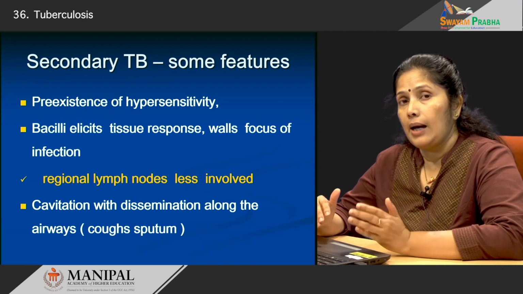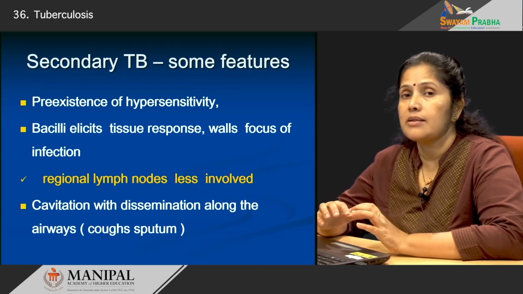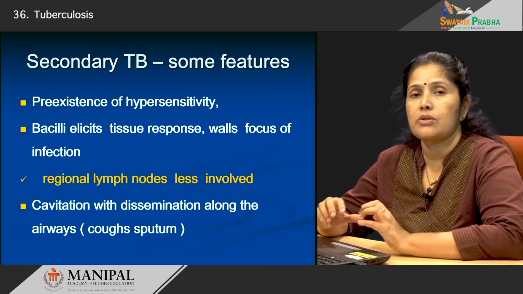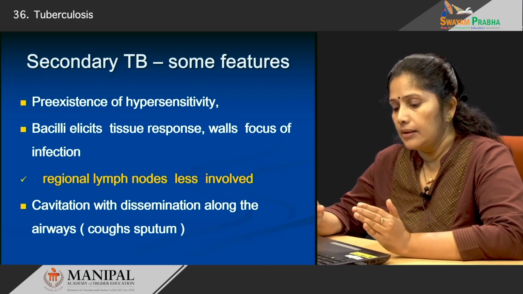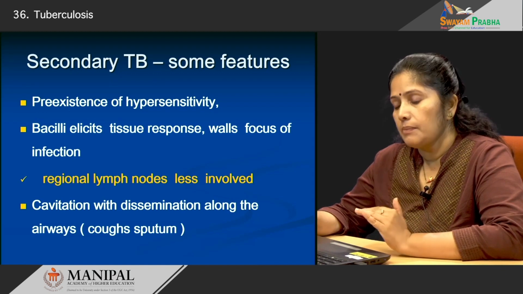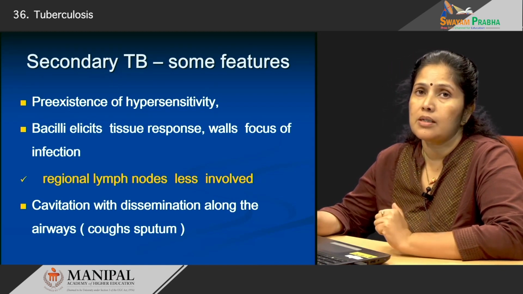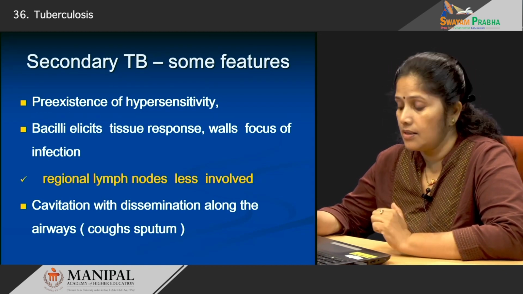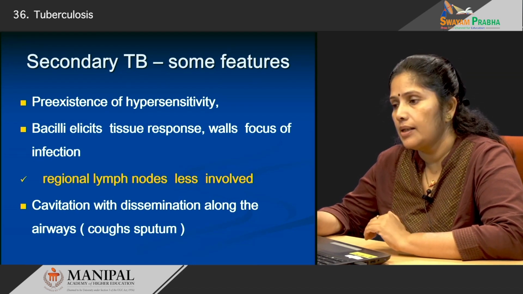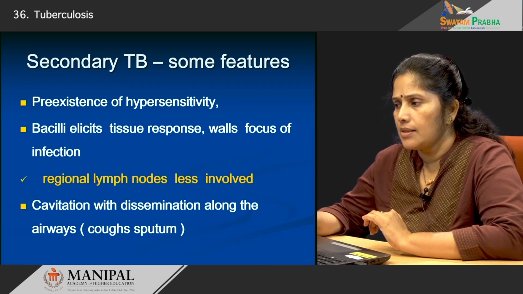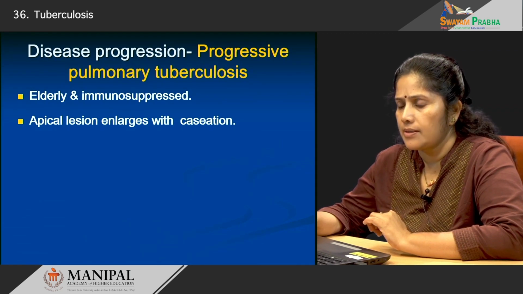But what happens in these patients is an extensive cavitatory destruction of the lung parenchyma, from where the caseous material can be brought out in the sputum, and it is this sputum that we can test for the presence of the AFB bacillus.